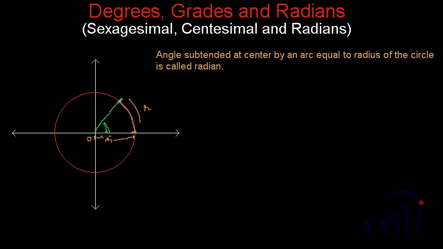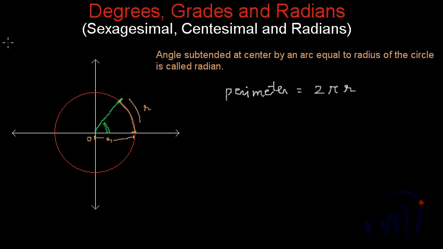How does it work? See, the perimeter of the circle is 2 pi r, right? And we also know that the angle subtended by any arc on the perimeter is proportional to the length of the arc.